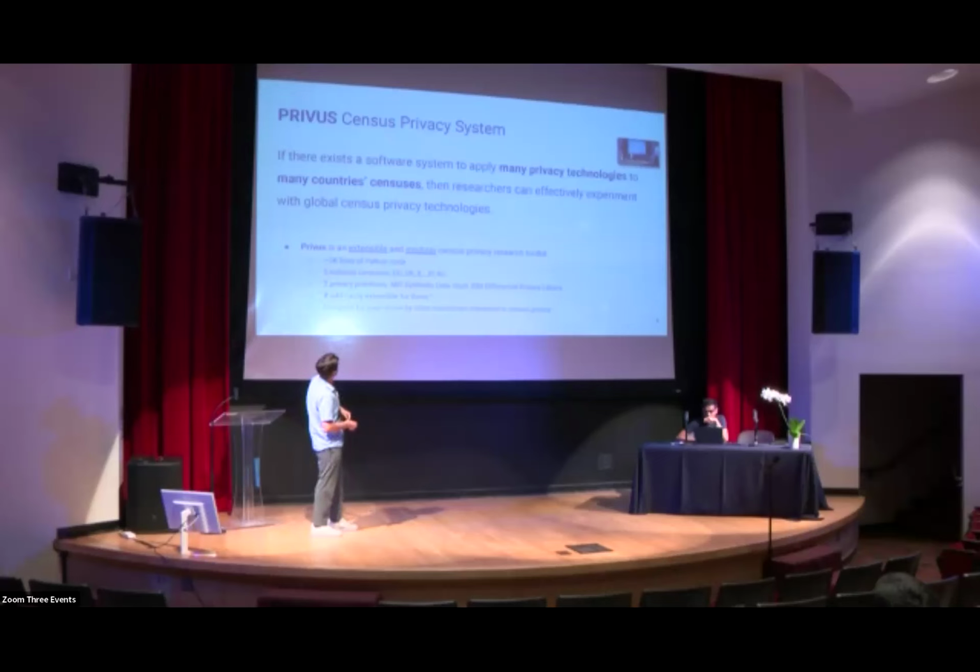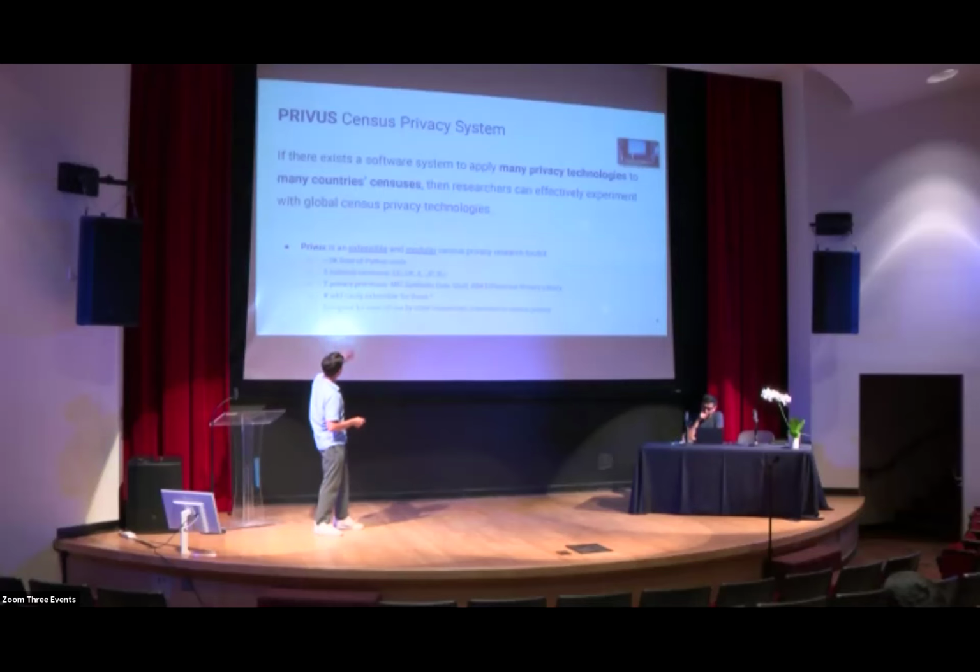And so essentially, we developed a census privacy system here that takes abstractions for many privacy preserving technologies, in particular differential privacy, which I'm sure everyone here is familiar with, and then also another primitive, which is particularly interesting for censuses, which is synthetic data as a methodology for experimenting with census privacy.